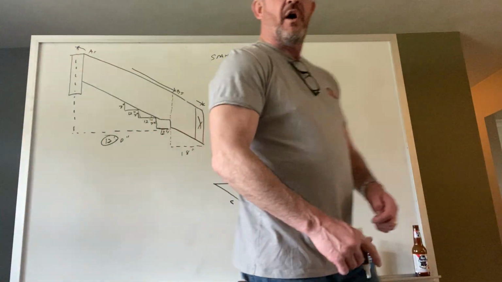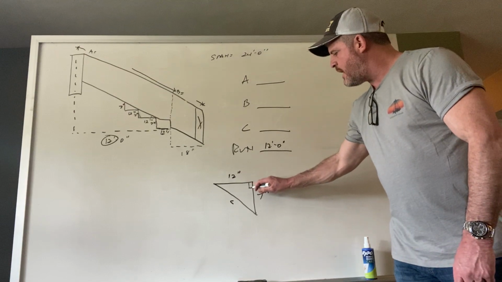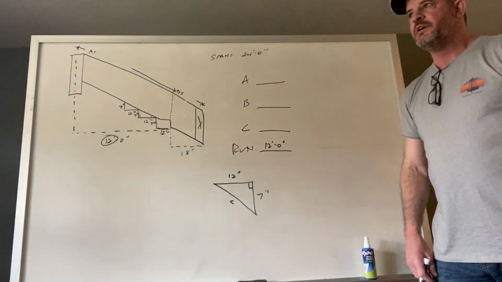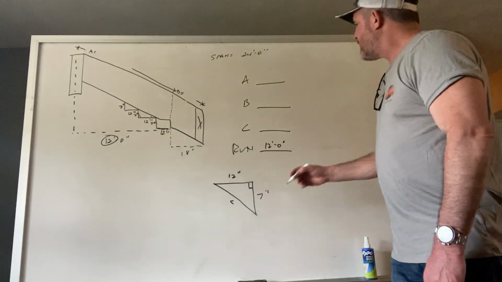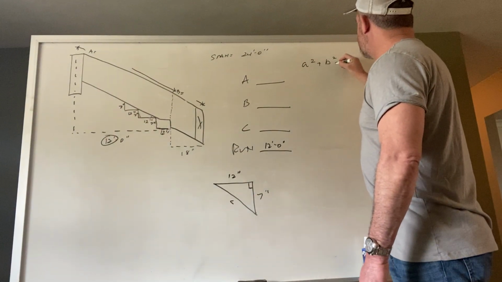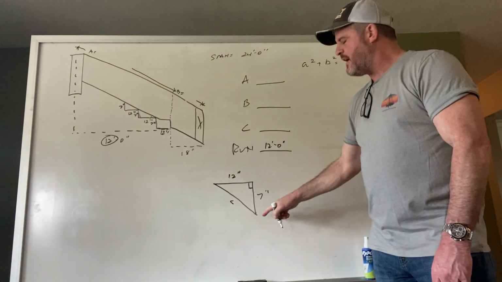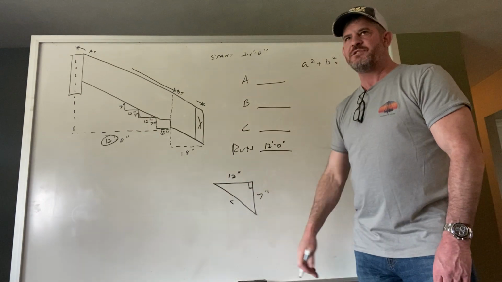Everybody should already be able to understand how to solve for that. I know that this is a right angle triangle. Therefore, I can use the Pythagorean theorem: A squared plus B squared equals C squared. Do we have our A? Yes. Do we have our B? Yes. Can we solve for our C?